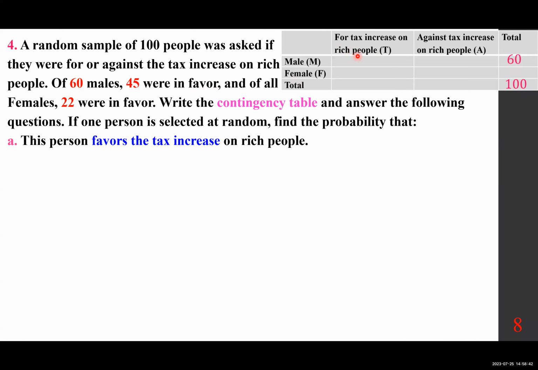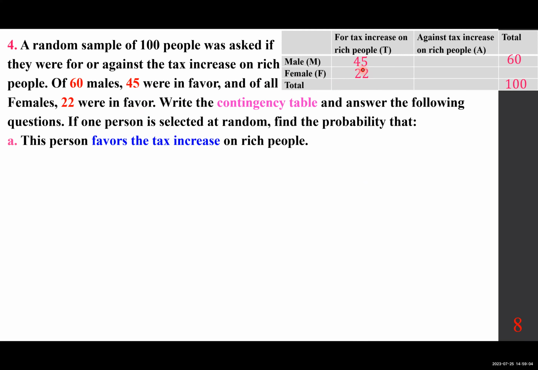So where do we put the favor? Here. And of all females, we're looking at this row, 22 were in favor. 22.